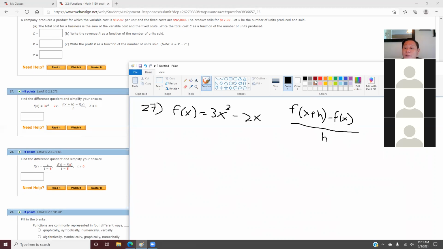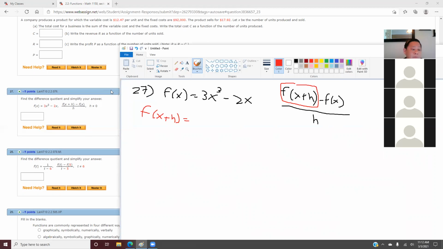Okay, so the first thing you need to do to figure out the difference quotient is to figure out what f of x plus h means. Anyone know what f of x plus h means? If I say f of 3, what does f of 3 mean?